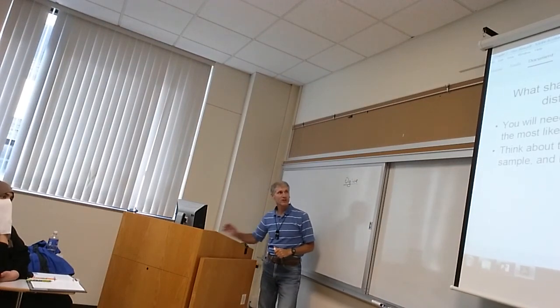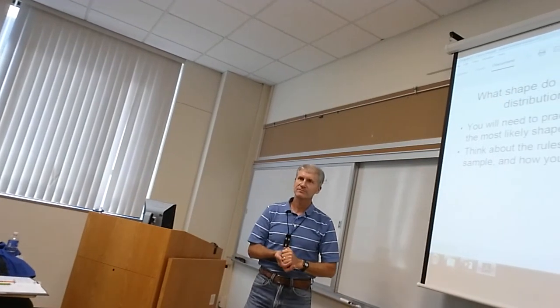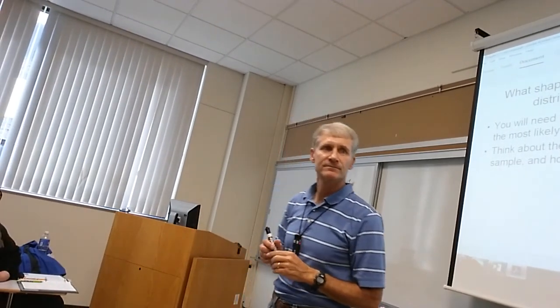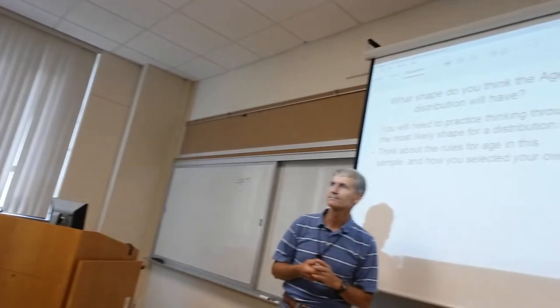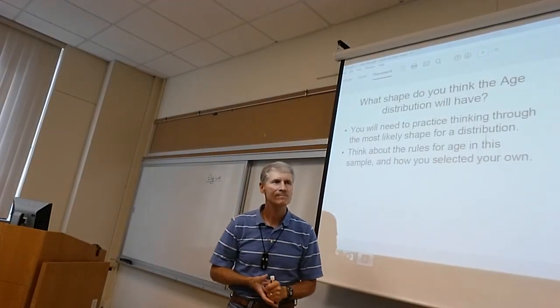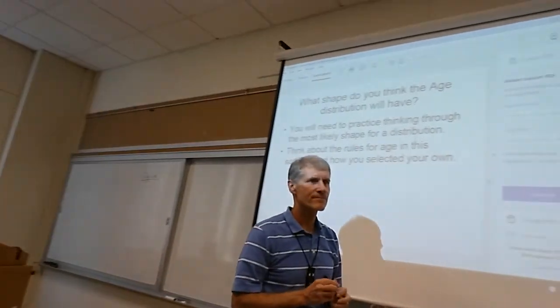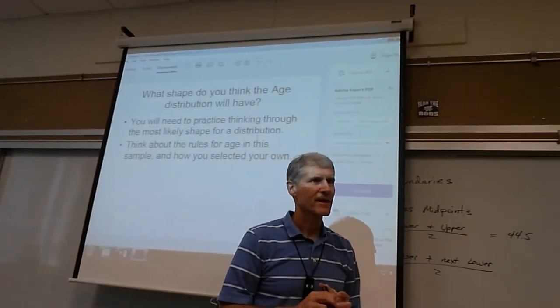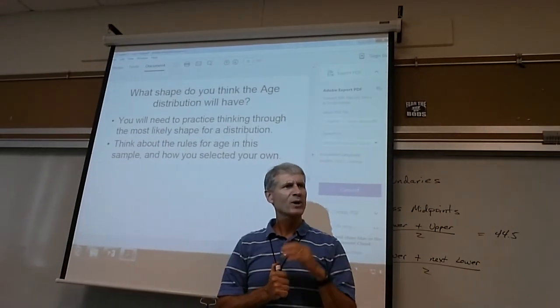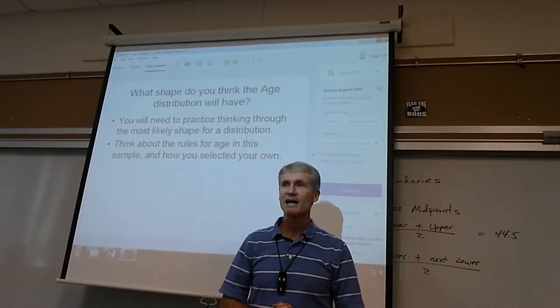Okay. Now, what do you think about the age distribution? What is that histogram going to look like? Think about it. I will have questions on the test that say, here's a scenario, what do you think the shape of that distribution would be like?